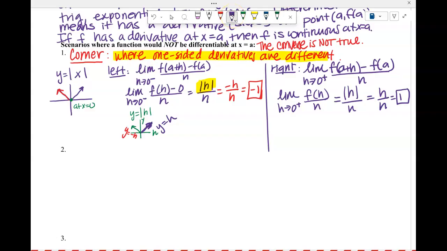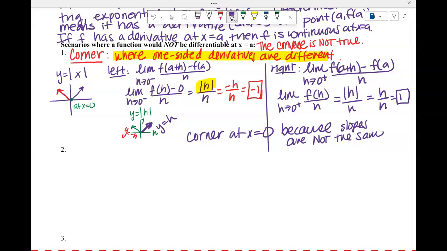So this is what we call a corner at x equals 0, because the slopes from the right and left are not the same at x equals 0.